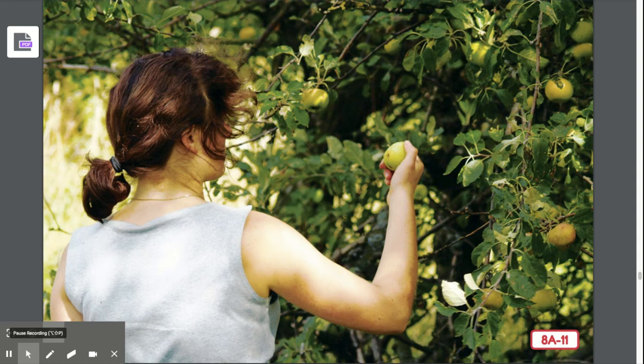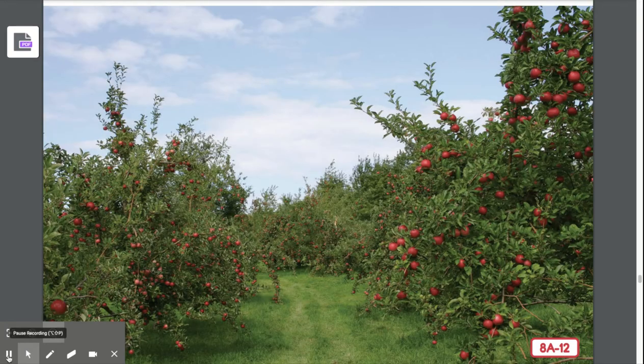Some crops must be harvested by hand so they are not damaged. During harvest time, farmers need all the help they can get. They often hire people to help bring in the harvest as quickly as possible.